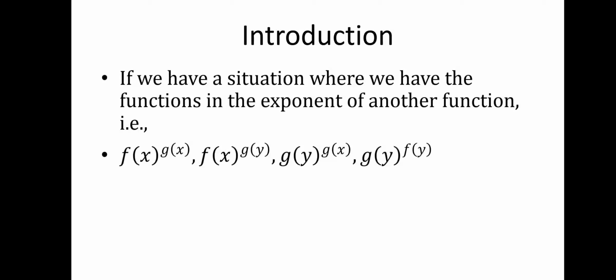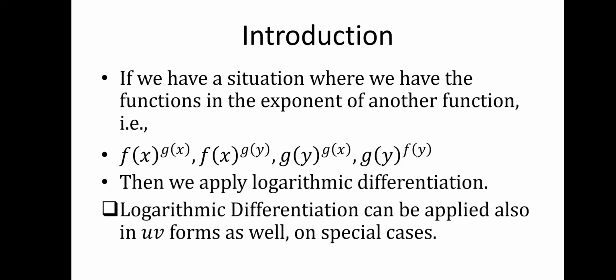We already know that differentiating uv and u by v forms can be cumbersome because you have to do a lot of calculation. But once we can split it into additions or subtractions, it becomes very easy for us to do the differentiation. So that's generally where we can make use of logarithmic differentiation.